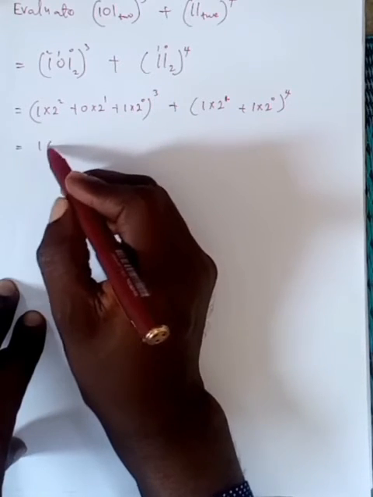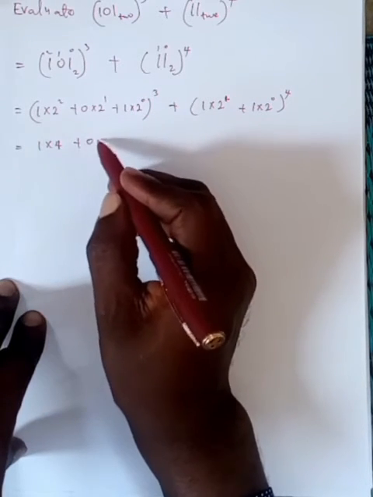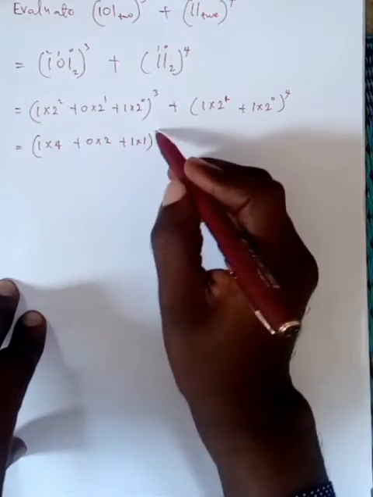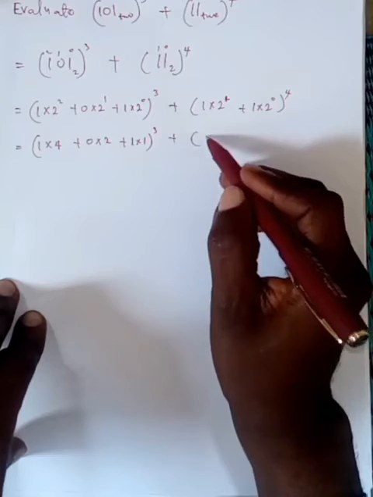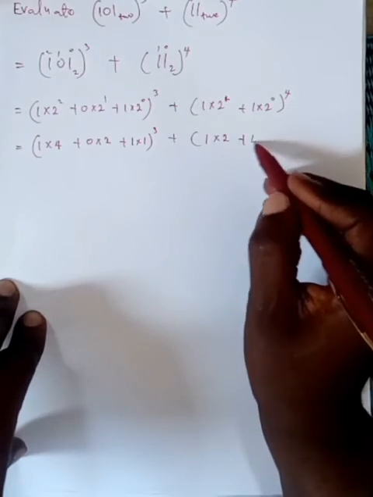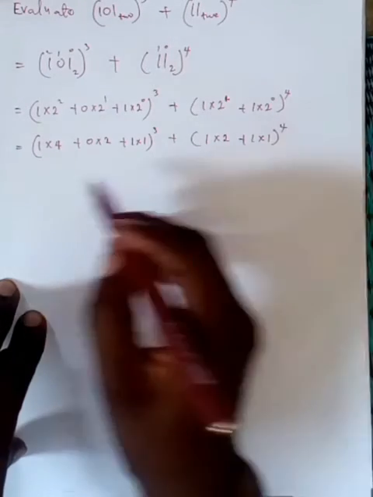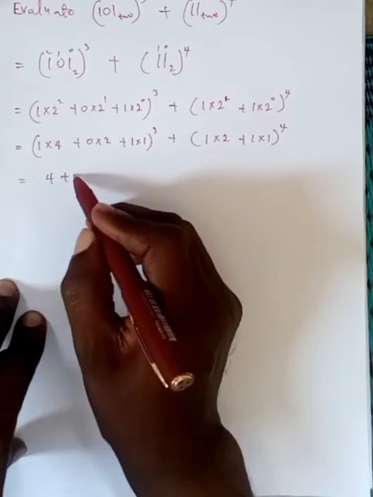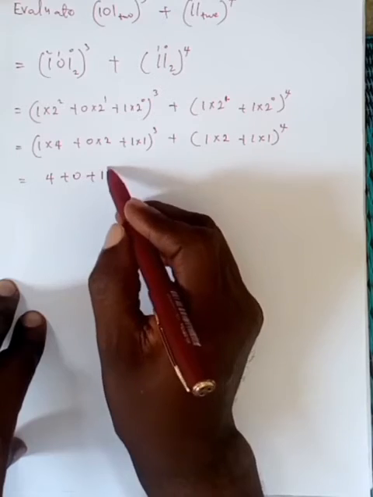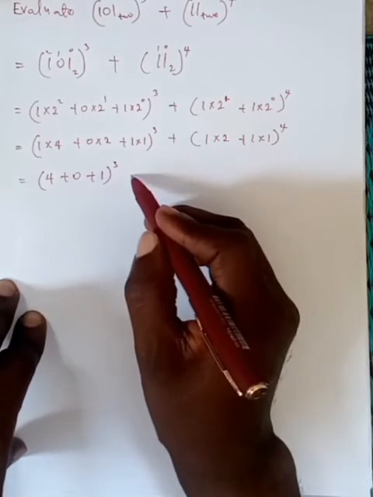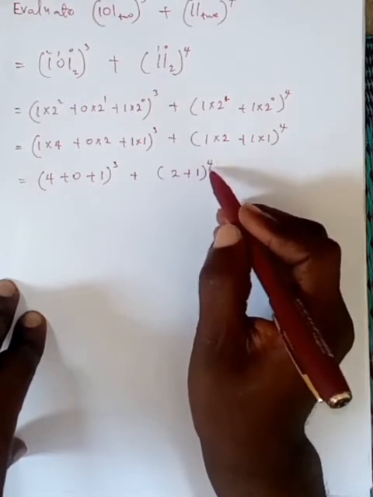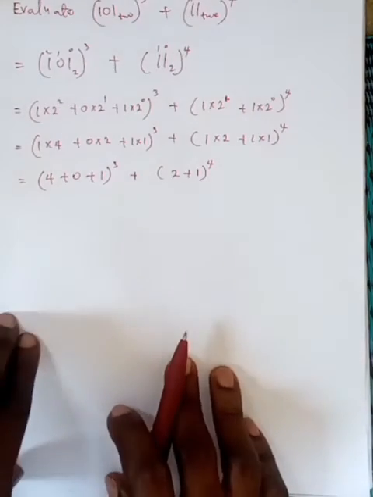That gives 1 times 4 plus 0 times 2 plus 1 times 1, raised to power 3, plus 1 times 2 plus 1 times 1, all raised to power 4. That gives 4, 0, 1 raised to power 3, plus 2, 1, everything raised to power 4.